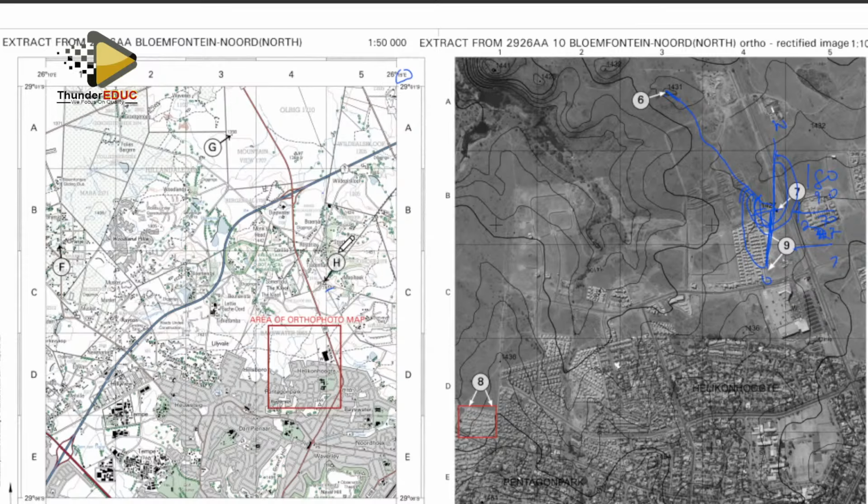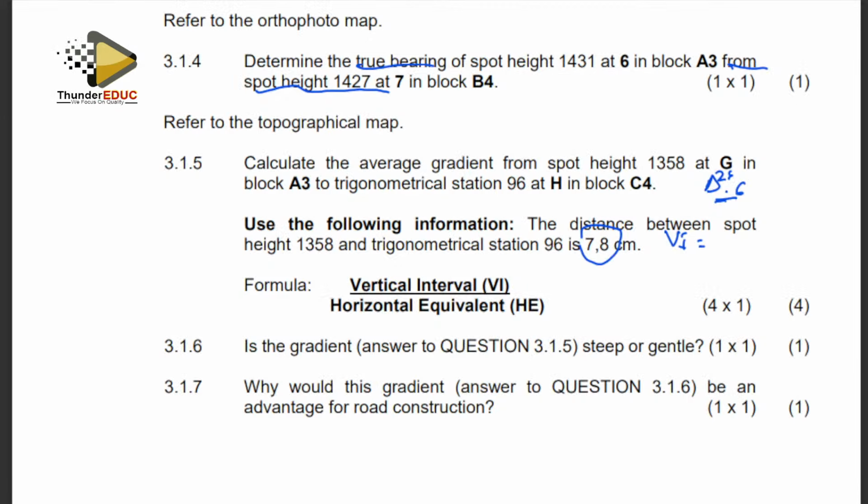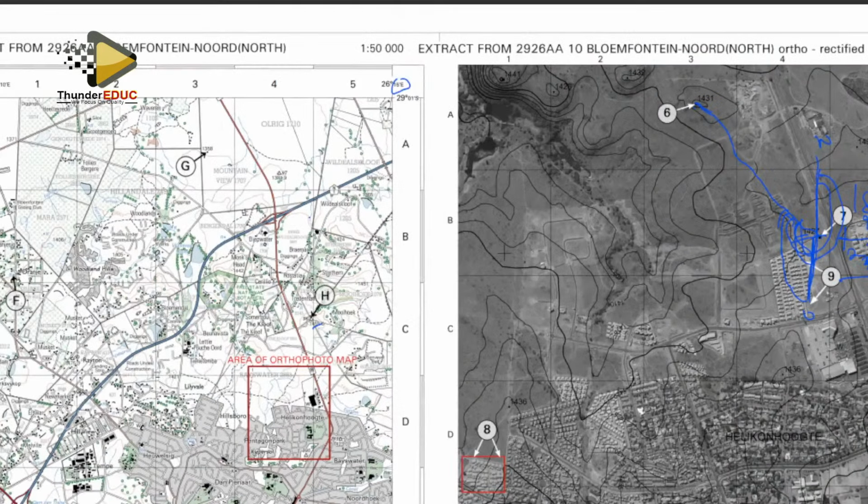The number there is 1455.6. Okay, but if you can't see, I can zoom it a little bit so that you can be in position to see this number. So this is 96 here, but you're looking at this number that has a decimal place. It is the height of that trig beacon.